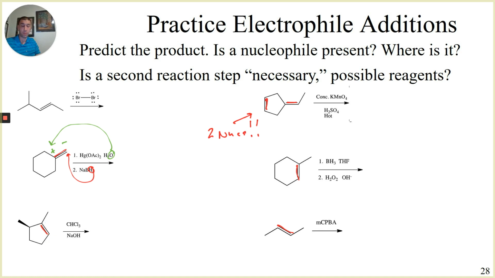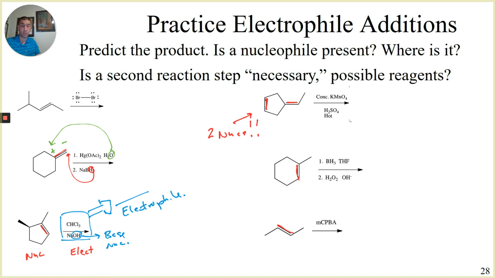We have identified our alkene as the nucleophile, which means we need to find an electrophile in here. Problem with that, hydroxide is a base or a nucleophile, okay? Which means the very first thing that needs to happen is with these reagents to make your electrophile. So consider that first before you start doing the electrophilic addition.